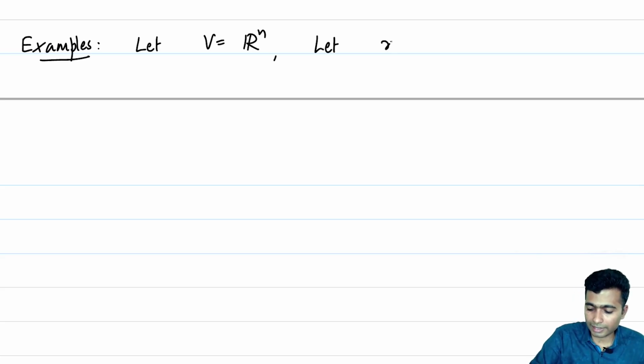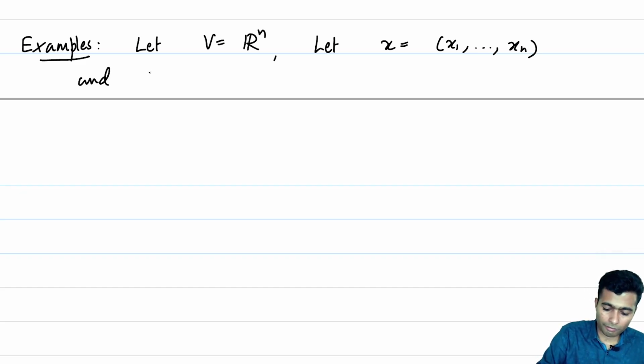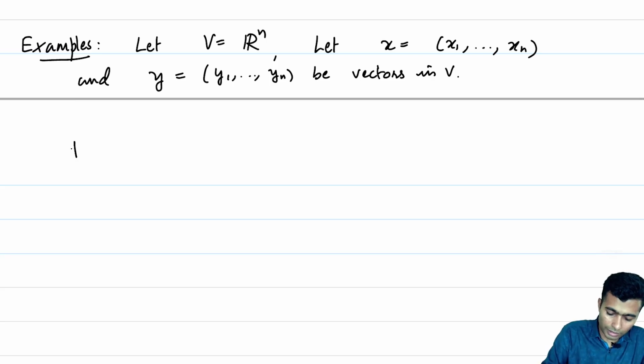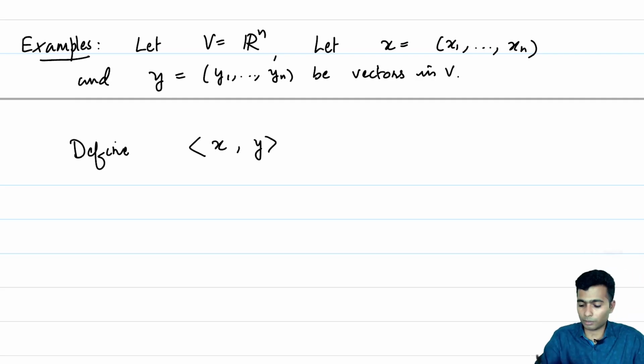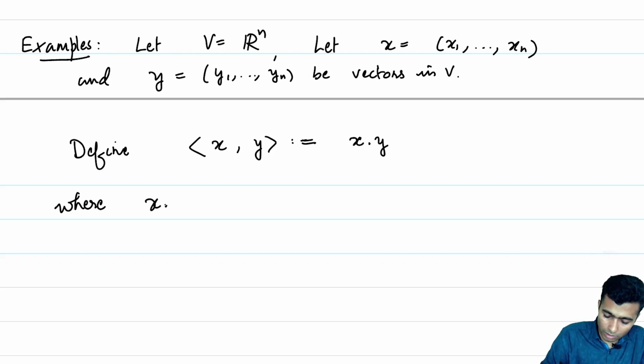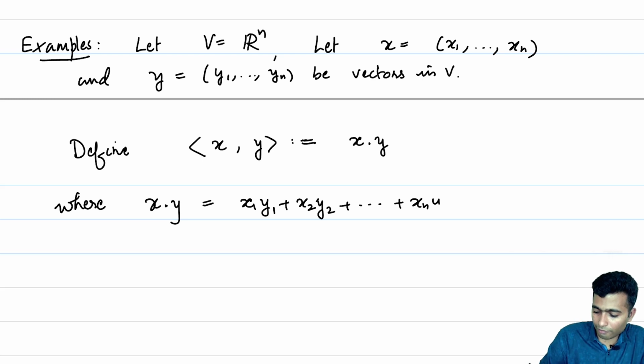Let x equal to (x1, ..., xn) and y equal to (y1, ..., yn) be vectors in V. Then define the inner product of x with y to be x dot y, where x dot y is nothing but x1 y1 plus x2 y2 plus up to xn yn.